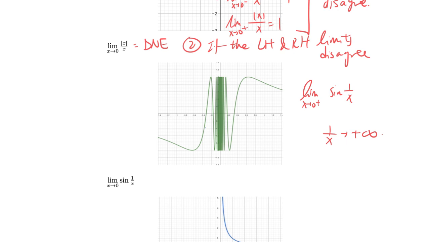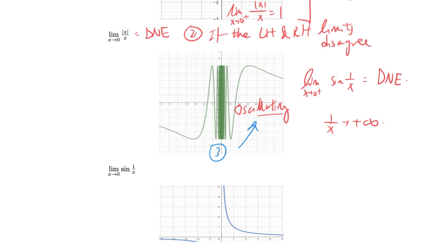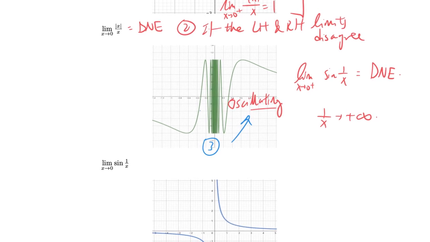And so this is a classic example of an oscillating limit. So it oscillates, and therefore it does not exist. It's too unpredictable. And so this constitutes our third way in which a limit won't exist. You could also run the same analysis from the left-hand side, right? But one side is enough.